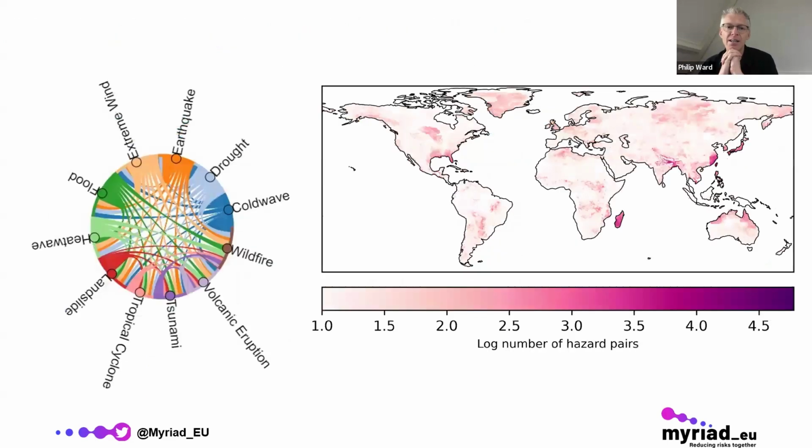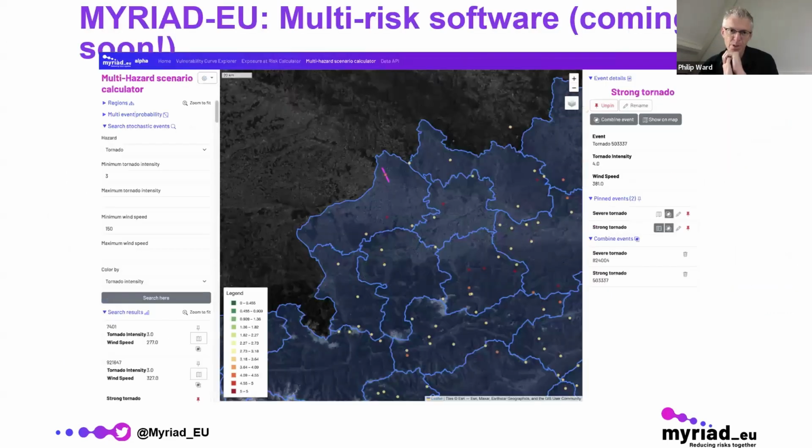Next slide, please. And then here we can start to map those hotspots at the global scale of this multi-hazard. But as I said, this has also been carried out now at the European scale. Next slide, please.